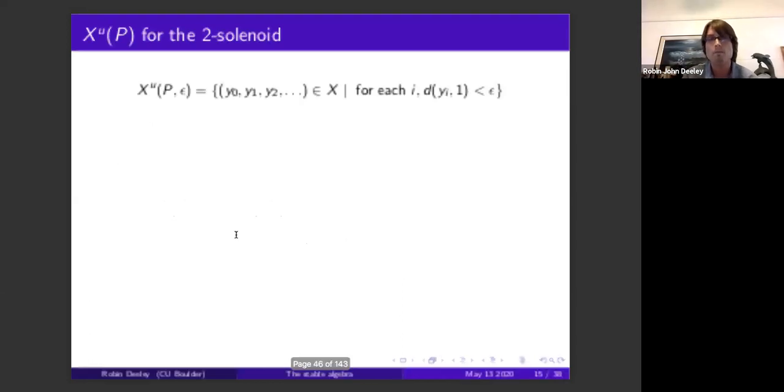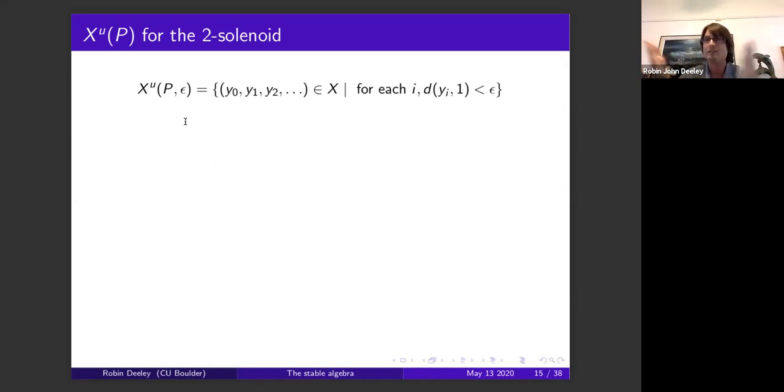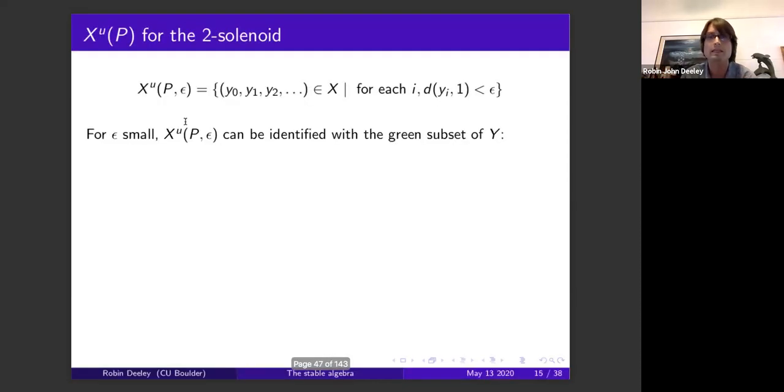Okay, so here it is. Let's figure out why we have that XUP is the real line. So the first step would be, what do we think this local unstable set should be? Well, if the whole thing is a line, this thing should be a little open interval. So let's see how we do that.